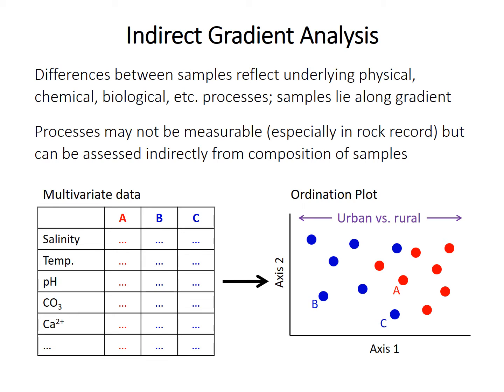But we could try to assess that gradient indirectly from the composition of the samples themselves. So this is using ordination for something called indirect gradient analysis. For example, if we measure the chemistry in a bunch of different lakes, we may be able to determine that an urban versus rural gradient is the most important control on their chemistry and so forth.